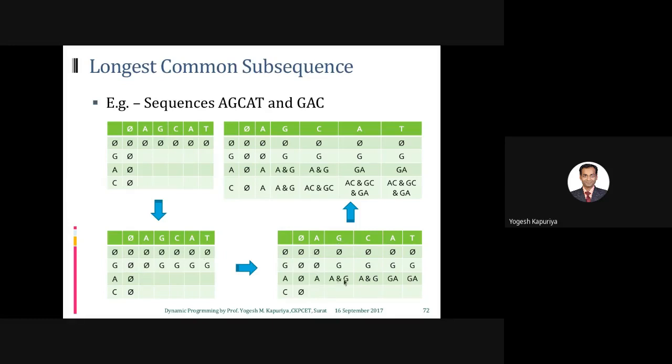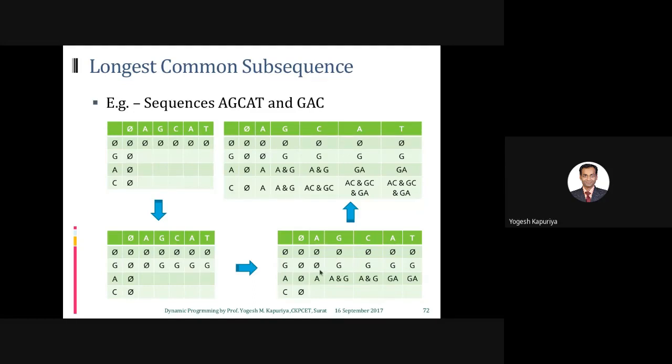Again for next cell, that means this cell, you have G and A. G and A are not matches. So you will see either previous row or previous column. Whatever is the longest one, you put over here. Now there is a common case, right? Longest means the length of the string.